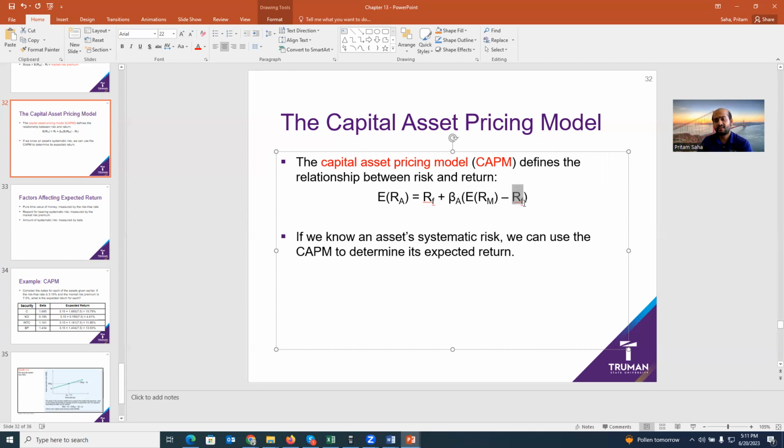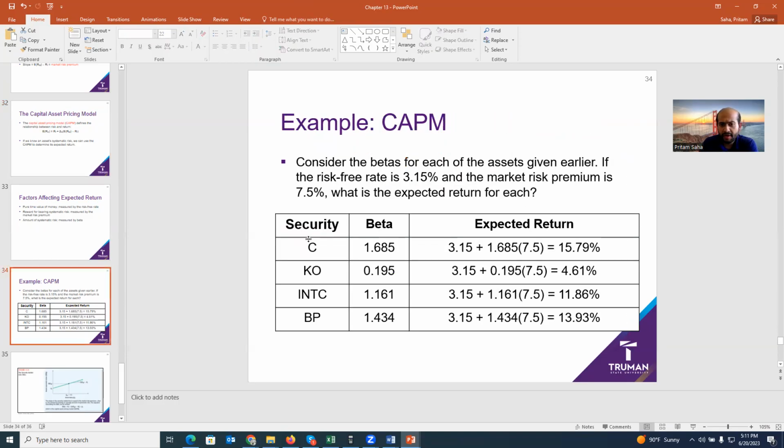The only changing factor in calculating the expected return of different stocks is the beta of your stock. So if you're investing in stock A versus B, the risk-free rate is the same and the expected return on the market is the same. But depending on the risk characteristics of your investments, your expected return will go up and down, and the changing factor is your beta.